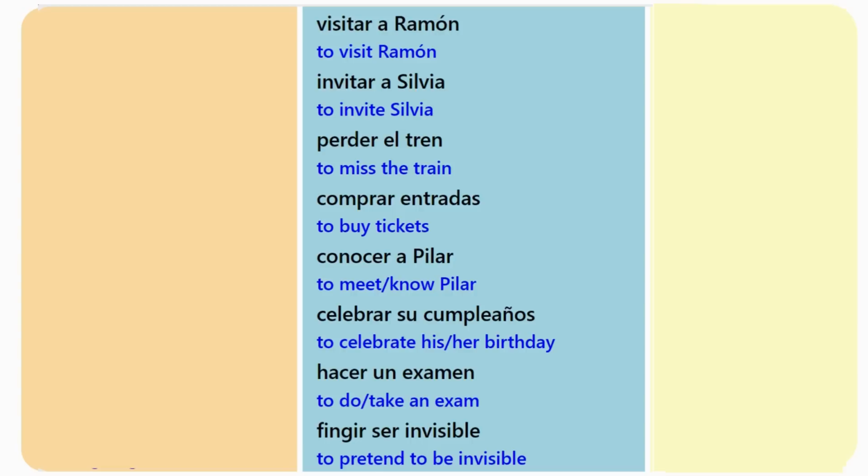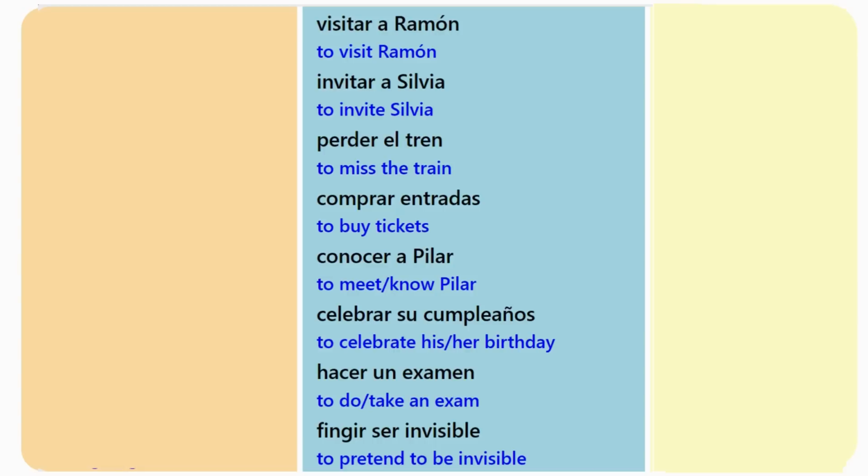So after the verb we've got a bit like the word to in Spanish. Invitar a Silvia, to invite Sylvia. We've got the personal a because she's a person. Conocer a Pilar, to meet or to know Pilar, again because it's a person.